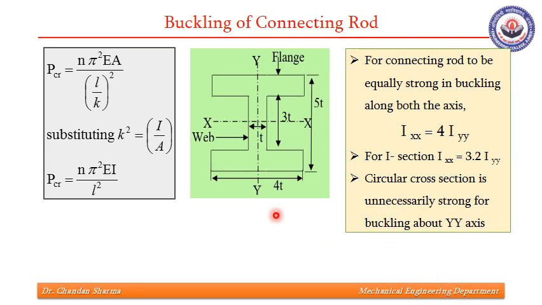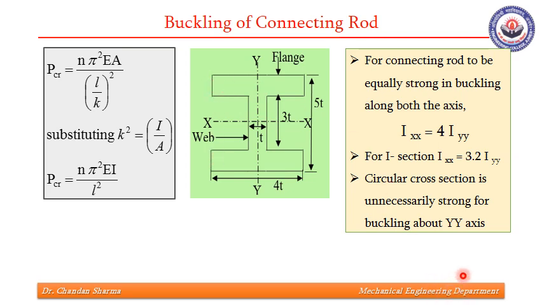If we see this section, this is an I section. Besides having other advantages, like being light and having more strength, the other advantage of the I section is that its Ixx is 3.2 times Iyy with these dimensions: this height is 5t, this is 4t, and all the webs and flanges are equal to t.